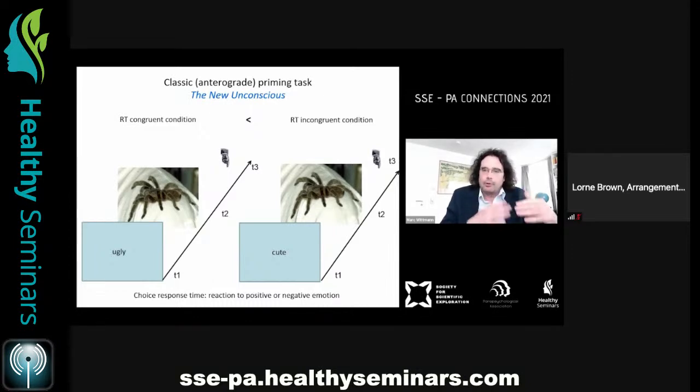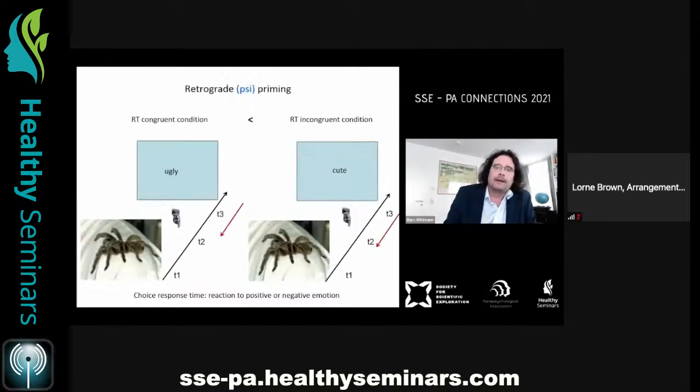If the prime, the word, and the following photo are congruent in valence, so positive-positive or negative-negative, the reaction time will be faster than if we have an incongruent condition of prime and photo. So that's the classic priming task, which has led to some interesting discoveries, theoretically also called the new unconscious, because everything goes so fast that we have no control over these reaction times.